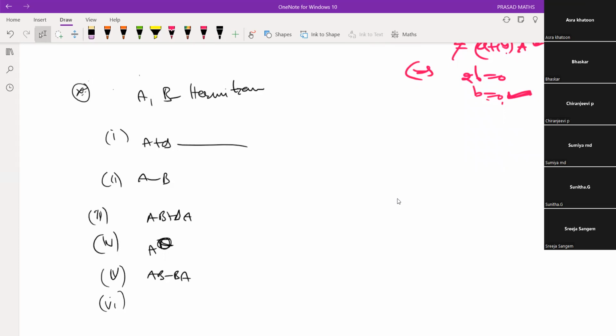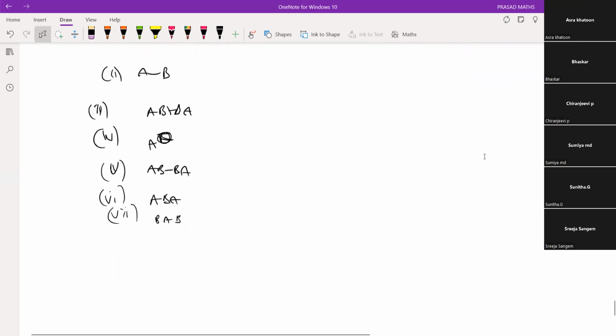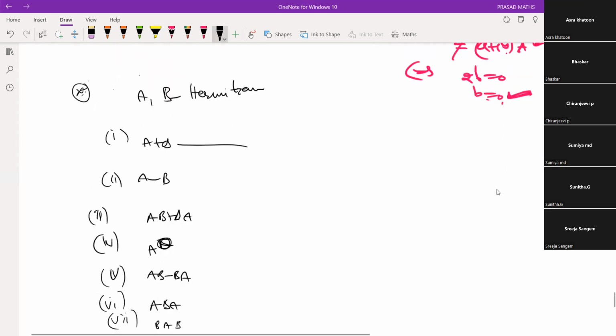Next, ABA is it Hermitian? BAB is it Hermitian? Next, integral multiples: A squared is it Hermitian? A cubed is it Hermitian? And this is also important: the AB product, is it Hermitian?